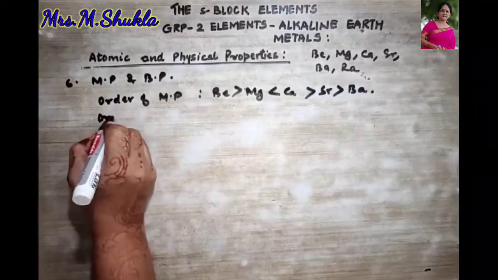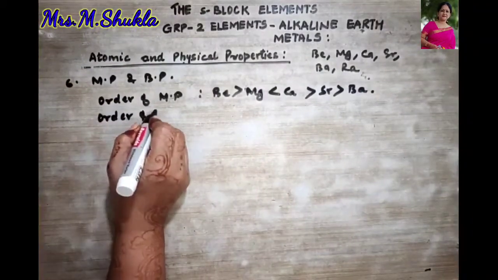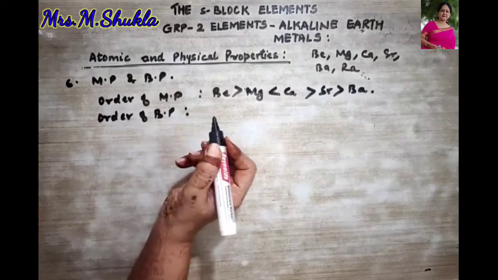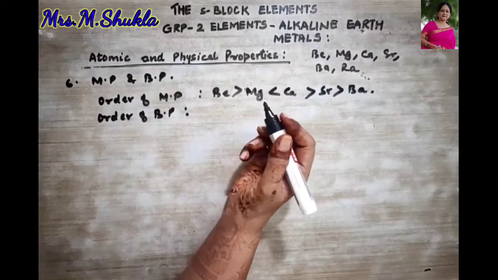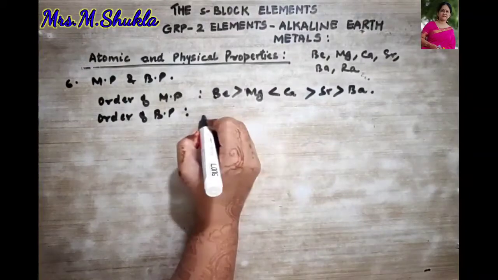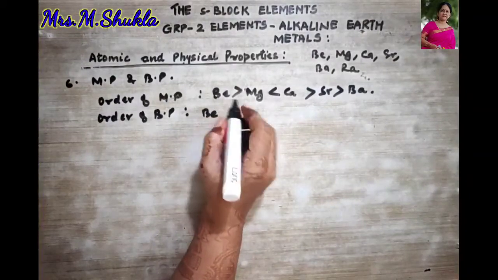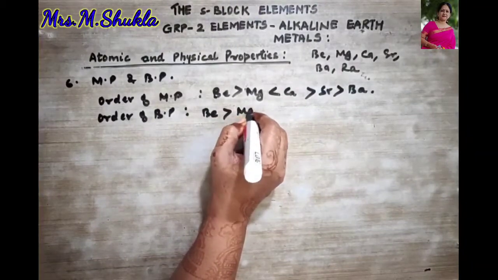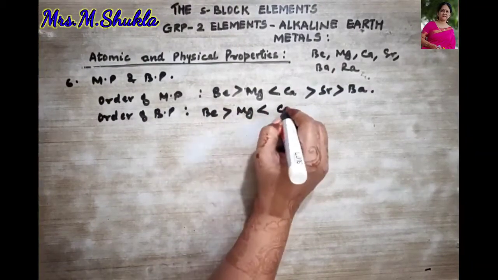Okay, and if we want to check the order of the boiling point, then it is somewhat the same but with a slight difference. For example, beryllium, then magnesium, once again smaller than calcium.